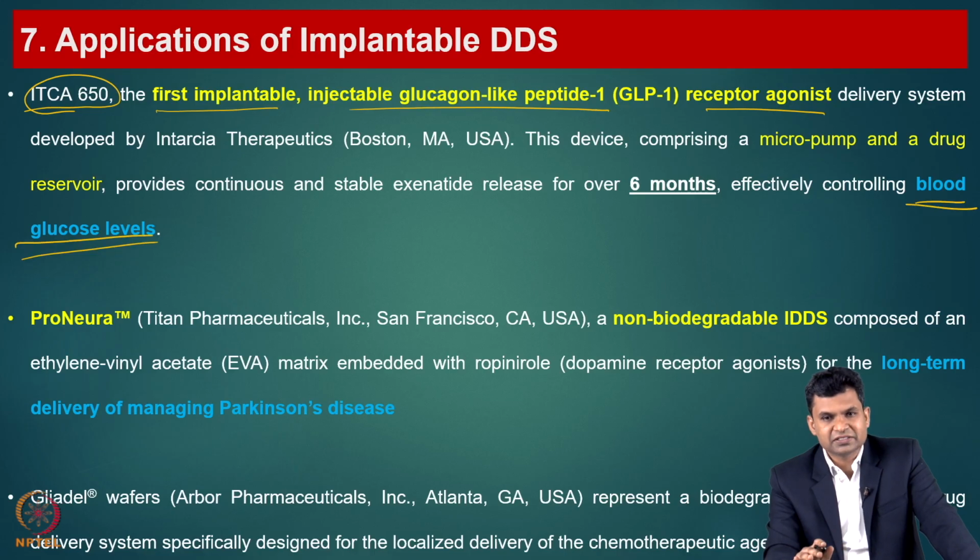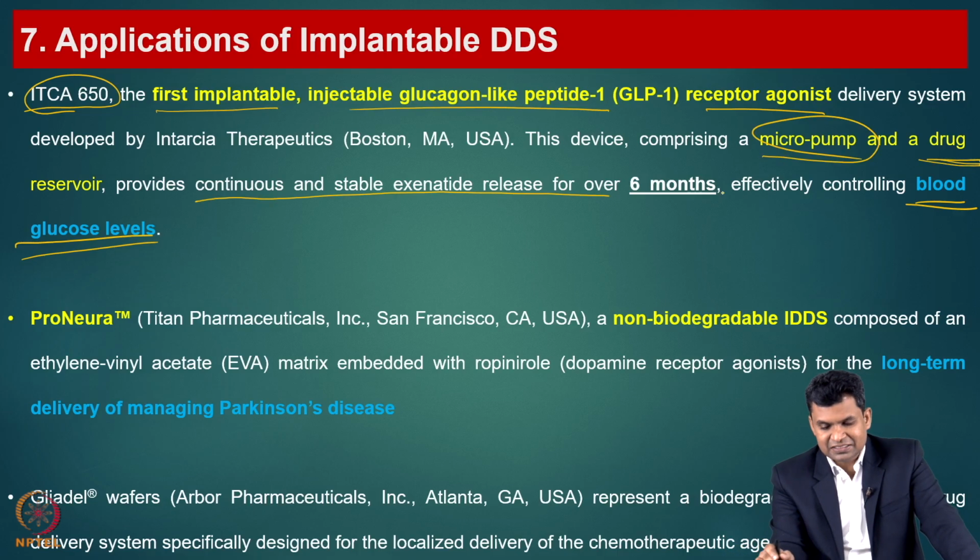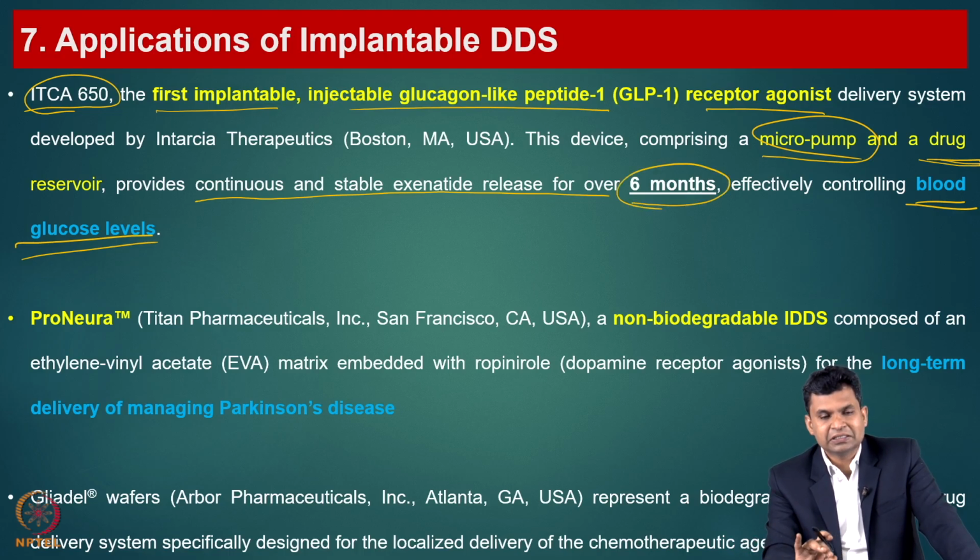This device contains a micro pump that works as a drug reservoir, which will provide continuous and stable drug release over 6 months. With that, the patient has no need to take any type of anti-diabetic drugs orally. Once you place this implant, you can use it for 6 months.